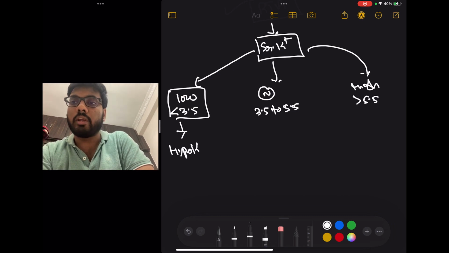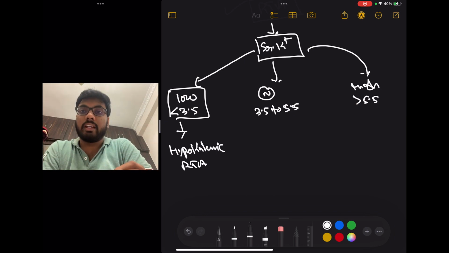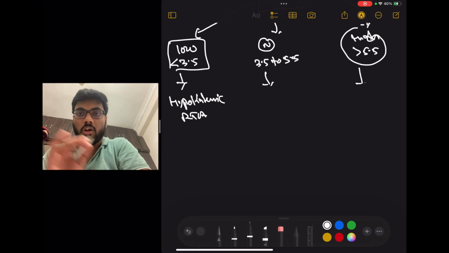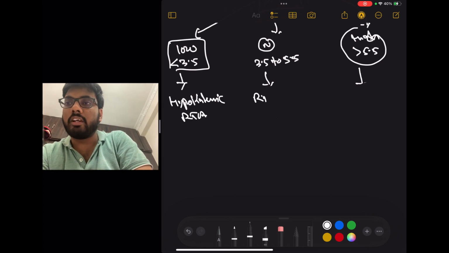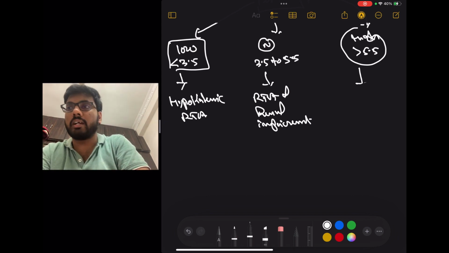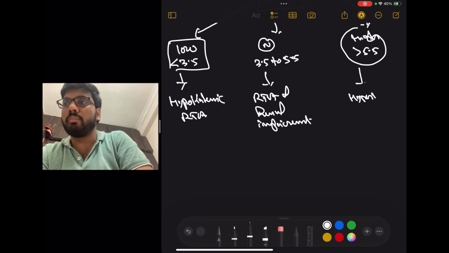If it is normal, 3.5 to 5.5, that is a normal serum potassium, this is known as RTA of renal impairment. If it is more than 5.5, that is hyperkalemic RTA.